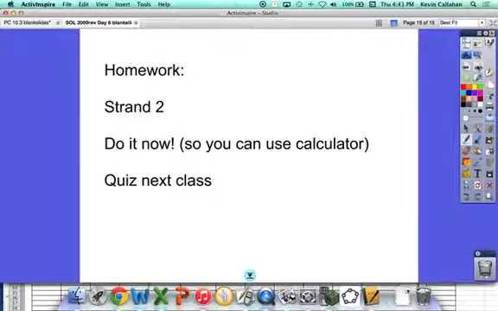I'm not exactly sure, but my guess is we're going to do sequence, series, variations, and combinations, permutations, normal. There'll be something in there probably from those 4. So that'll be the quiz for next class. And that is it.